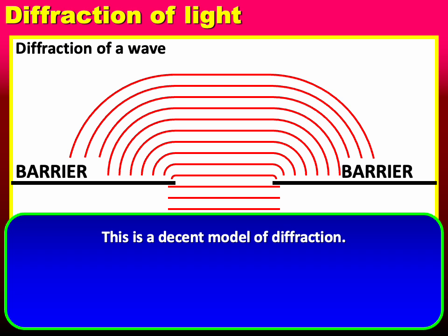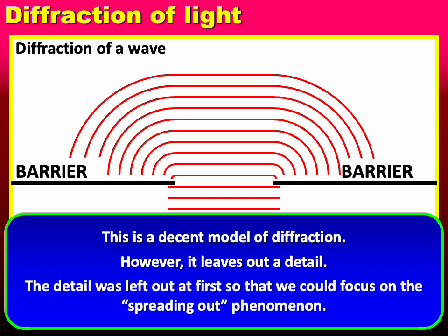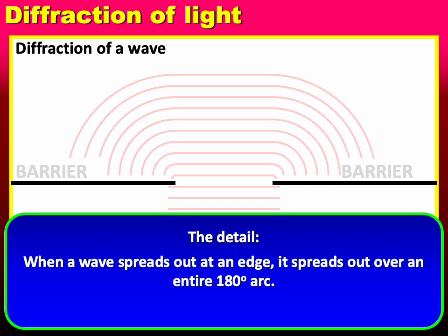So again, this is a decent model of diffraction, but it leaves a little something out. This is why I didn't want you to draw this diagram. It only shows the spreading around of each corner. So this is showing it spreading out over a 180-degree arc.